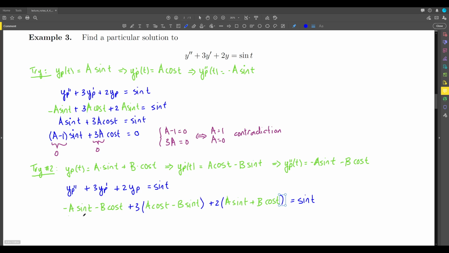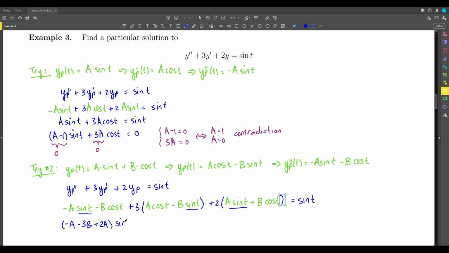So now let's combine all the sines on the left. We have a sine t here, sine t here, a sine t here. So we get negative a, and then plus 3 times negative b is negative a minus 3b, and then 2a, so plus 2a.